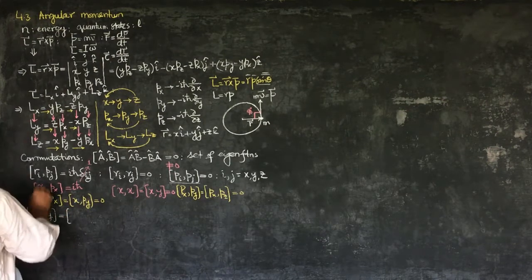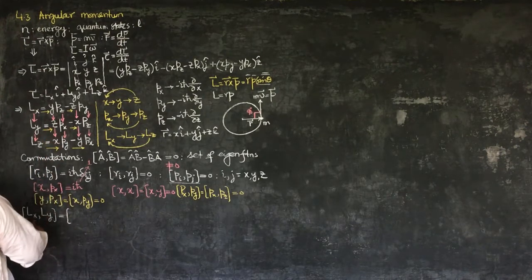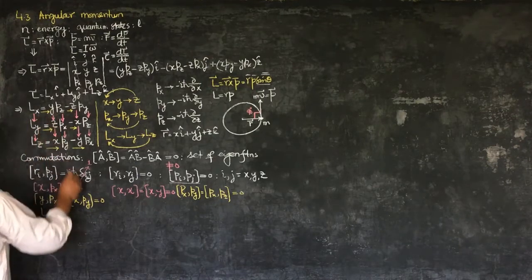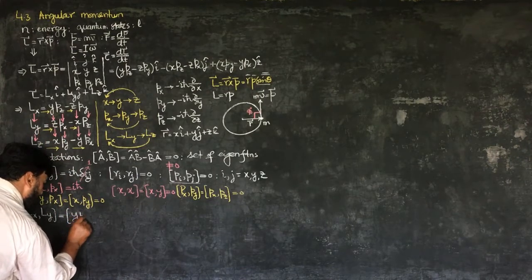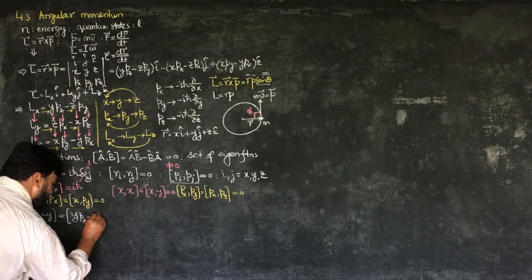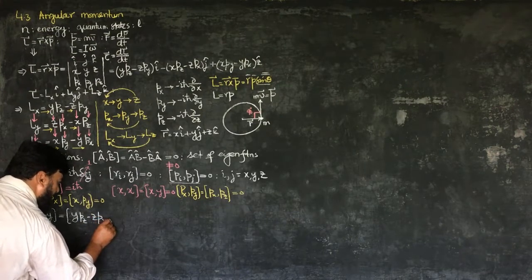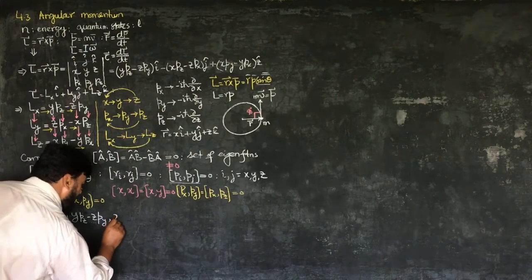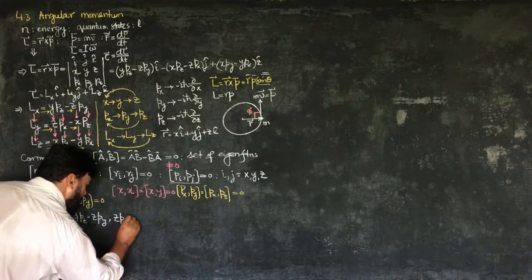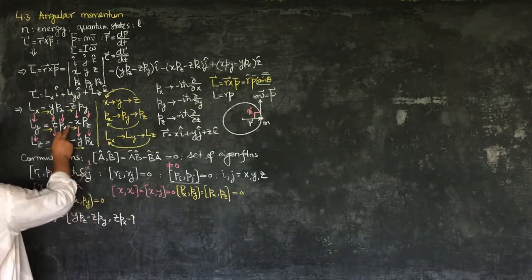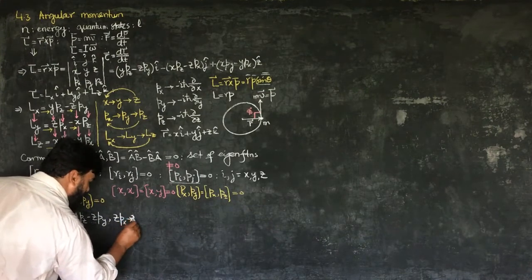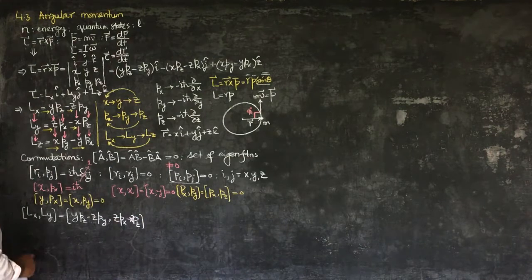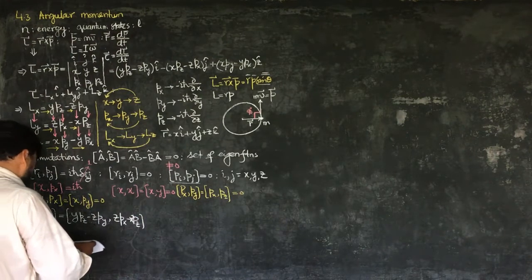So the Lx value from here is equal to y pz minus z py, and we are going to find its commutation with Ly, which is z px minus x pz. So these two commutations we will have to work out.